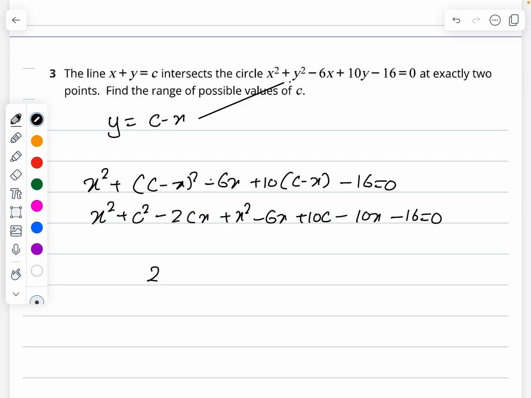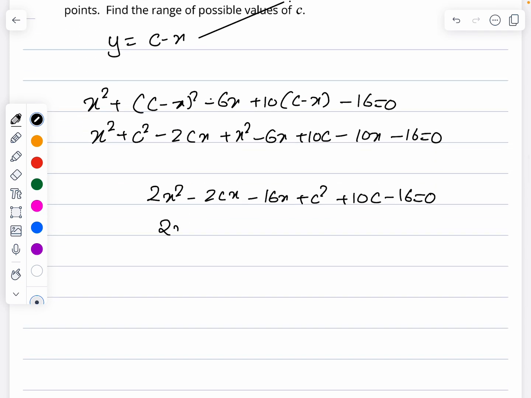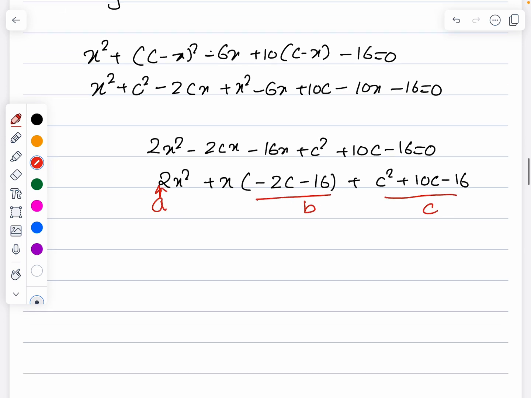So what do I get out? 2x square minus 2cx minus 16x plus c square plus 10c minus 16 equals to 0. So 2x square, then take x common, so it becomes minus 2c minus 16, plus c square plus 10c minus 16. So we can see that this is the value of a, this entire value is b, and this entire value is c.